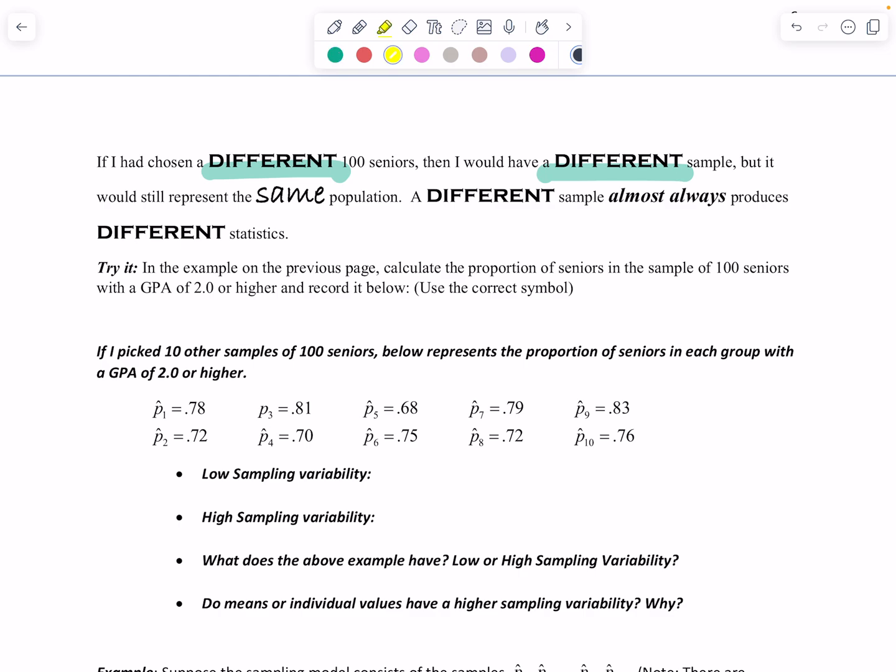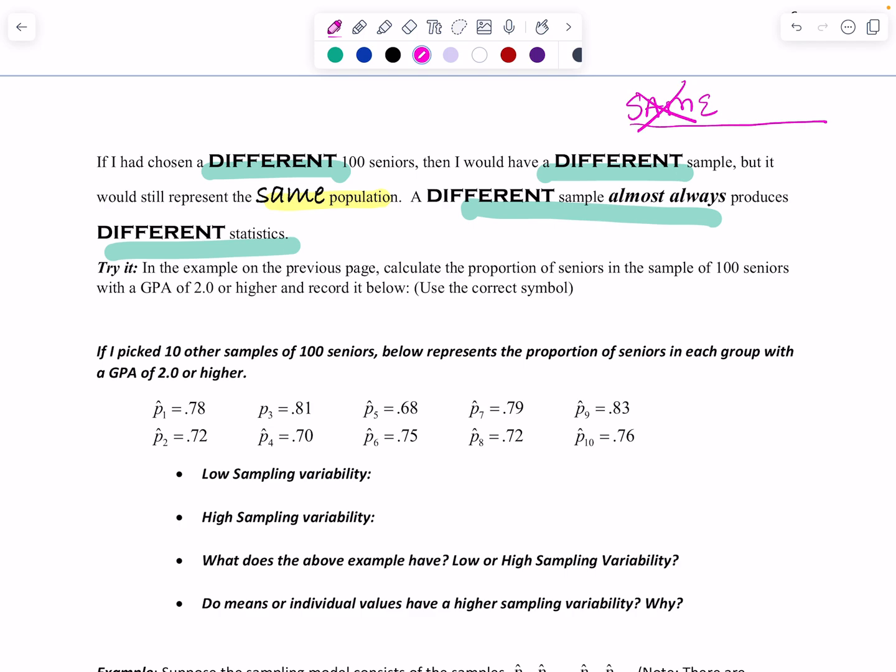However, it still represents the same population. And we know that a different sample almost always produces different statistics. So on a multiple choice, when you see the word same, or exact, or things like that, you know that's not correct, because it's going to be slightly different almost all the time.